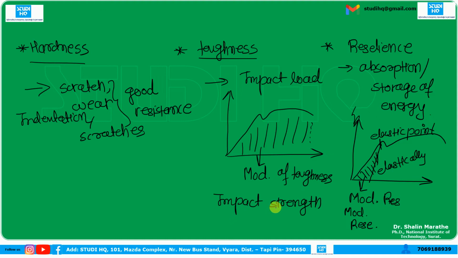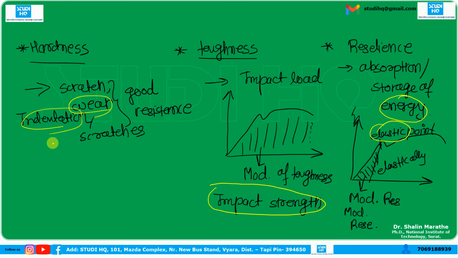If we go through the points, toughness and resilience are very much the same, but toughness is related to the impact strength and resilience is related to the energy till the elastic point. This is related to the wear resistance or indentation resistance.